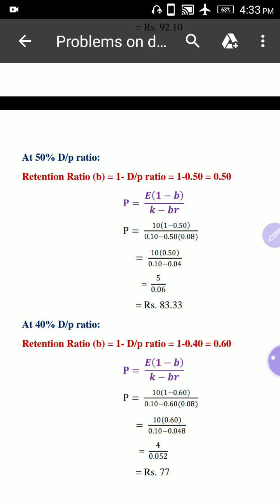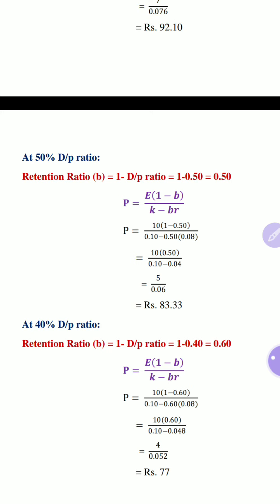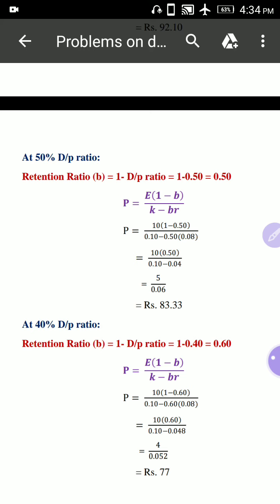By this video we have completed the relevant theories. In the previous video we discussed the Walter model, and in this video Gordon's model. These two are relevant theories. In the next video we will discuss the irrelevant theory, that is the Modigliani Miller model.